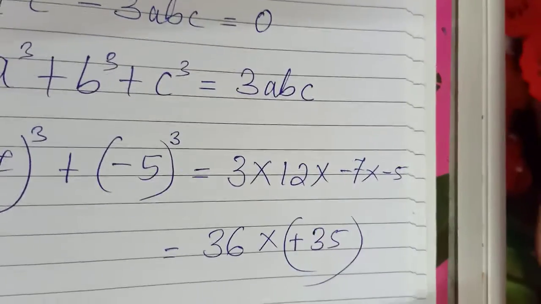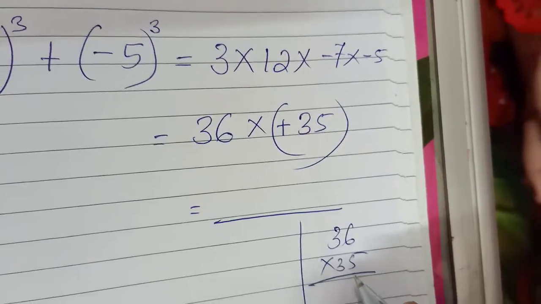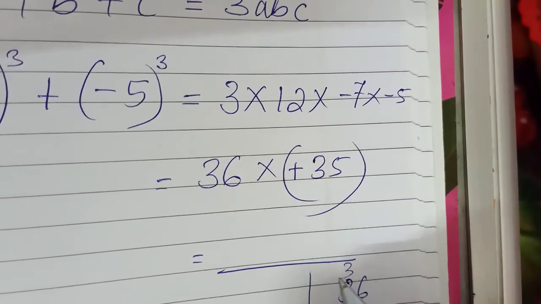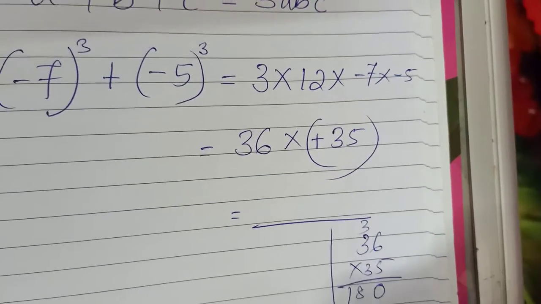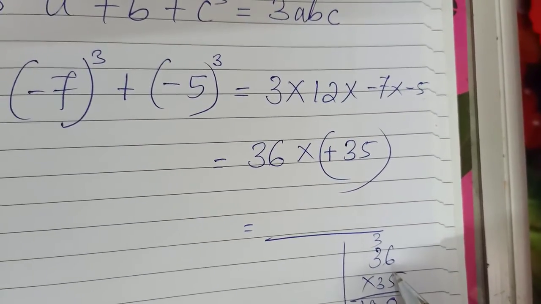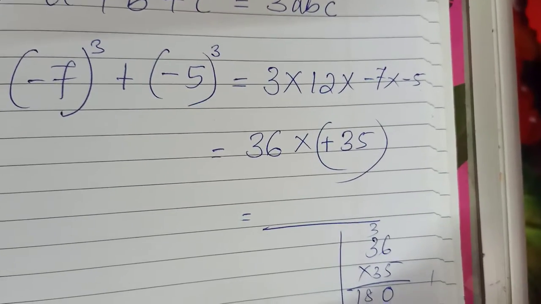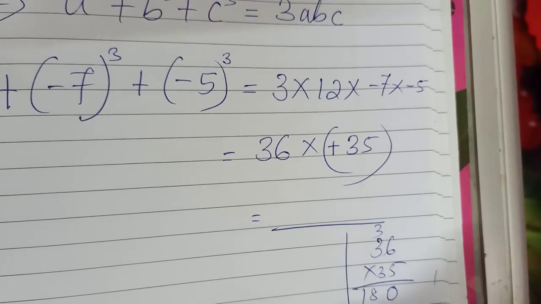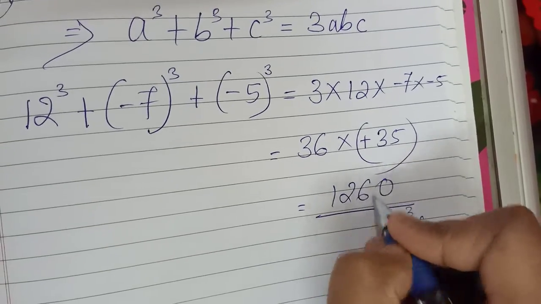In rough, you can multiply 36 into 35 and find the answer. Okay, so the answer is 1260.